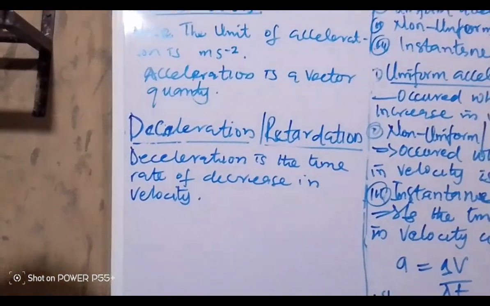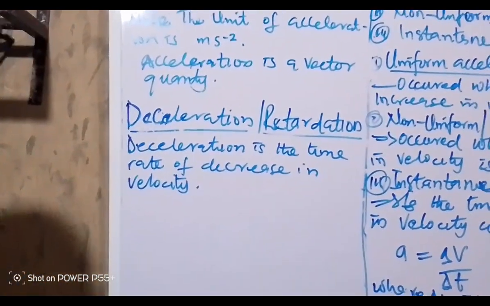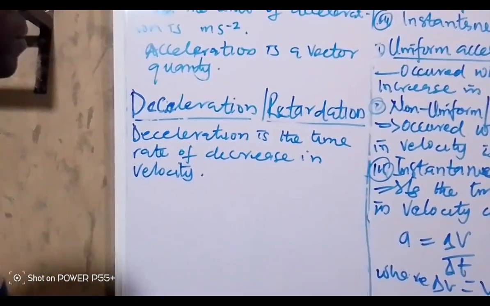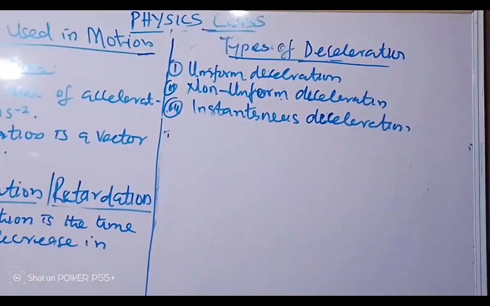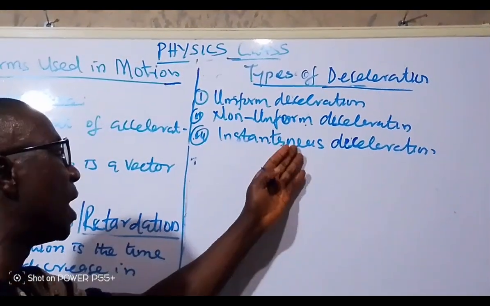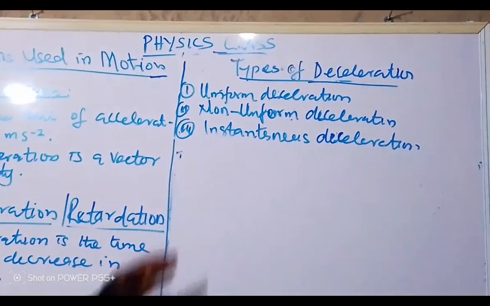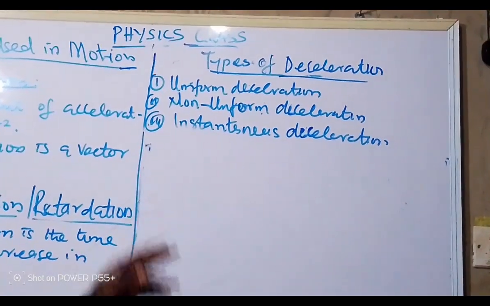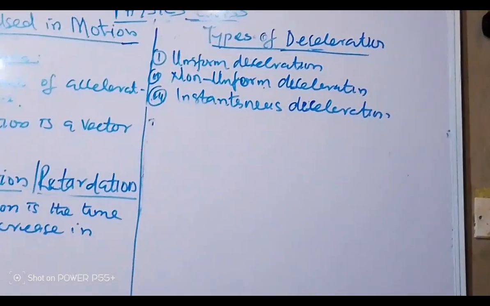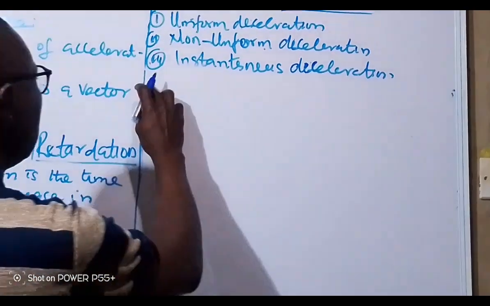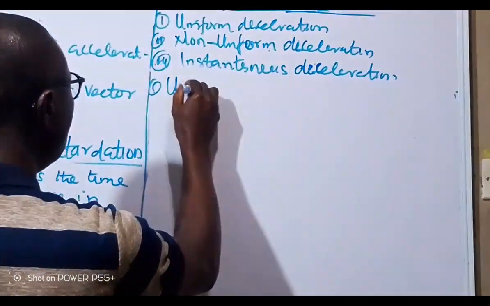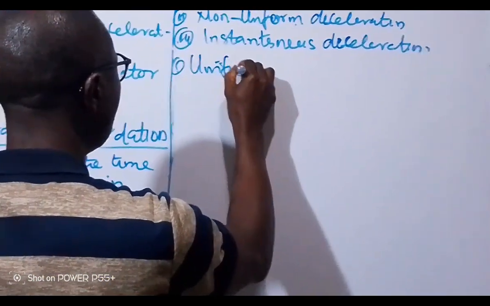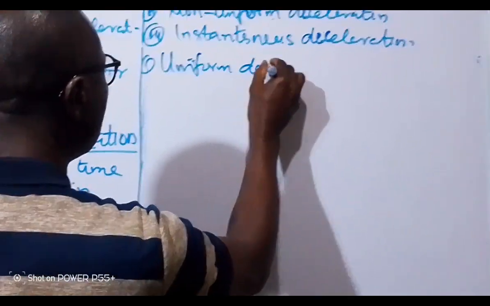Then the next one is types of deceleration. Under the types of deceleration, we have the following types: uniform deceleration, non-uniform deceleration, and instantaneous deceleration. To define each, number one, uniform deceleration.